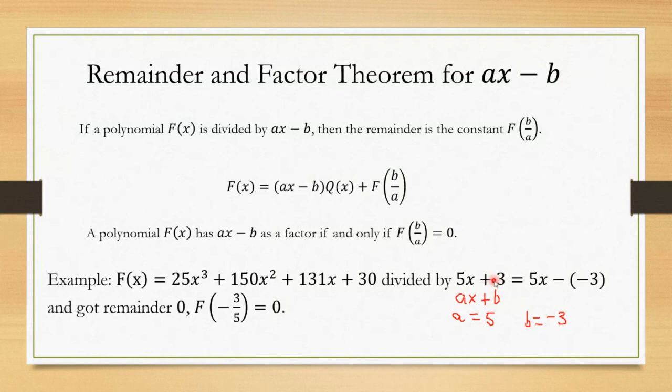So you would have 5x minus negative 3 in this case. Basically, your a would be 5 and your b would be negative 3. So since we divided it by this and got remainder 0, that told us this had to be 0. And you could check in your calculator, it does actually hold. I did check in mine.